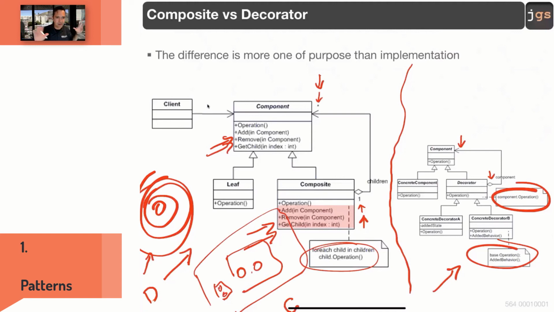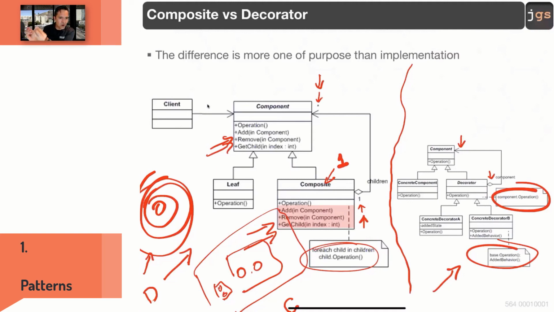So you note that the solution is exactly the same because the diagram is exactly the same, with only one difference. The variable that is going to be here is going to be one, and the variable that is going to be there is going to be a data structure like an array of objects or a list. That is really the big difference.